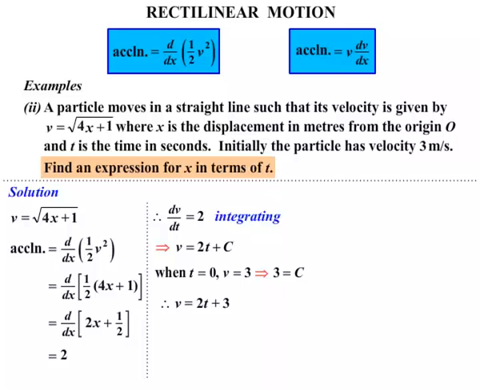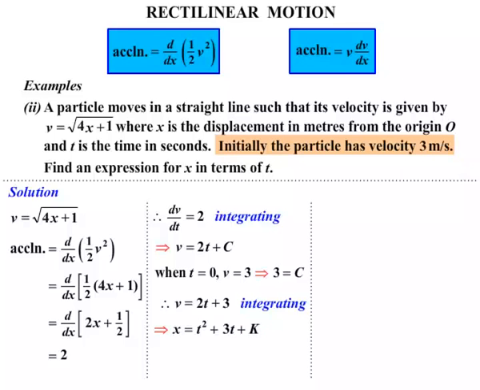At this point, we still need to get an expression for x, so we're nearly there. We need to use our velocity equation and integrate again. We integrate velocity, and we get x equals t squared, the integral of 2t, plus 3t, the integral of 3. And don't forget our constant of integration. I've used a k this time just to indicate it's not the same c as above.